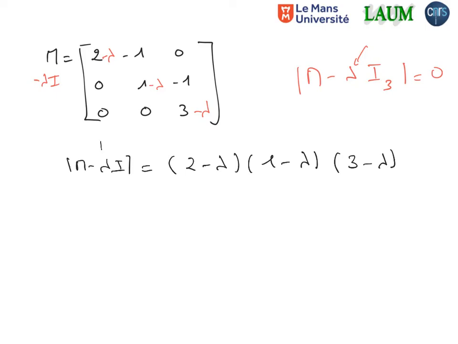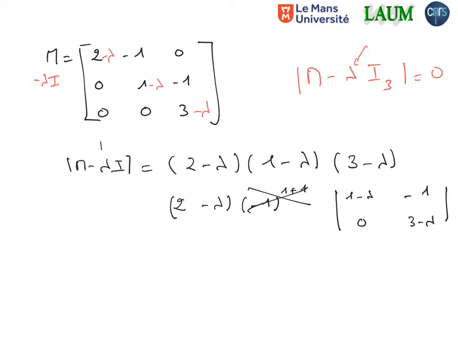Another way to compute the determinant of M minus lambda times the identity is to use expansion with respect, for example, to the first column. This is equal to 2 minus lambda multiplied by minus 1 to the power 1 plus 1, where 1 is the number of the line, the first line, and 1 is the number of the column. So this is just 1, so we can skip it, times the determinant of the matrix with 1 minus lambda, minus 1, 0, 3 minus lambda.